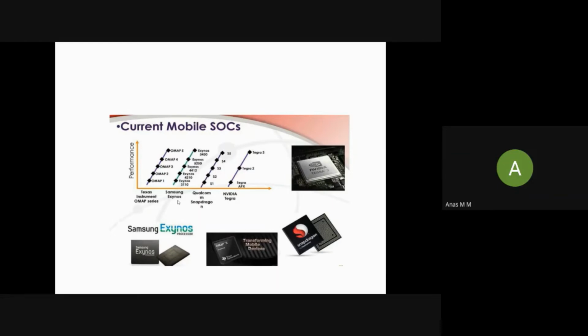The Chinese mobile companies like Redmi purchase Snapdragon SoCs from Qualcomm, but Samsung has an in-house SoC known as Exynos, manufactured in Samsung's fabrication lab. So these are the Snapdragon SoC, Texas Instruments SoC, Samsung SoC, and NVIDIA SoC. All these SoCs are upgraded every year to obey Moore's law.